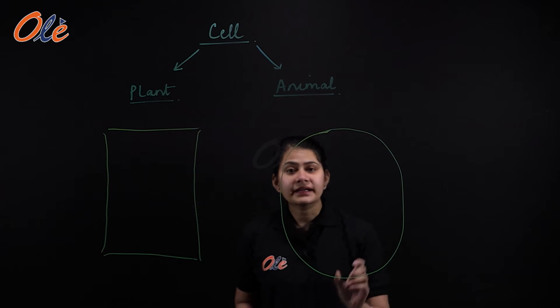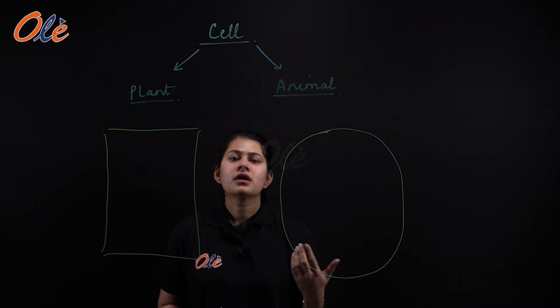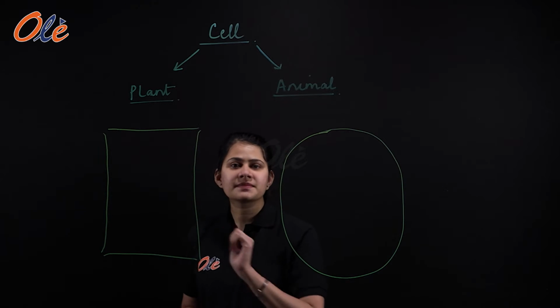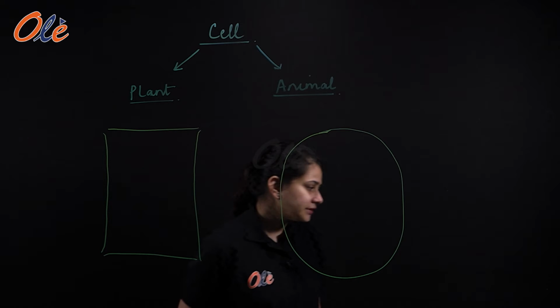Now you know that the plant has an extra covering outside of its plasma membrane, right? So we are going to draw that.